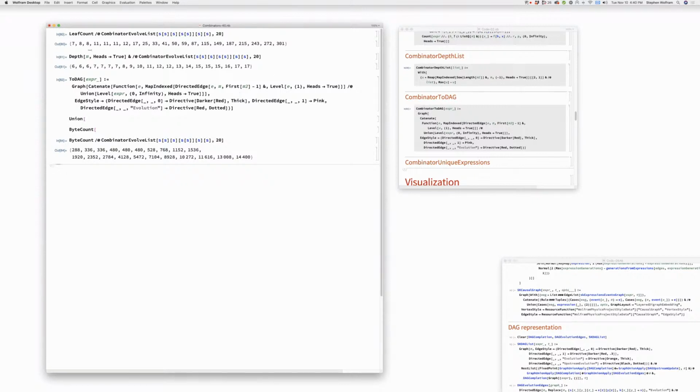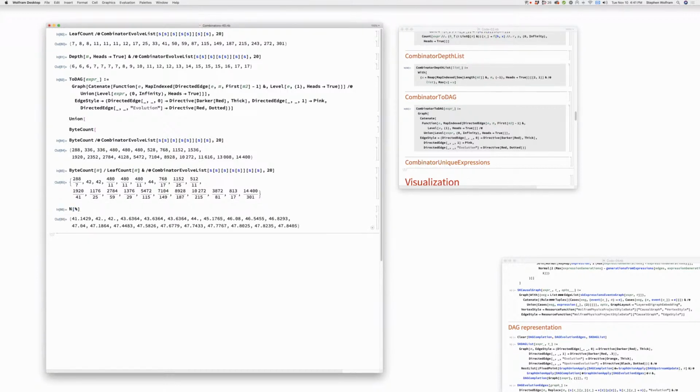If I look at this, I wonder whether if I take that byte count, let's say I say byte count of hash over leaf count of hash. Why leaf count?